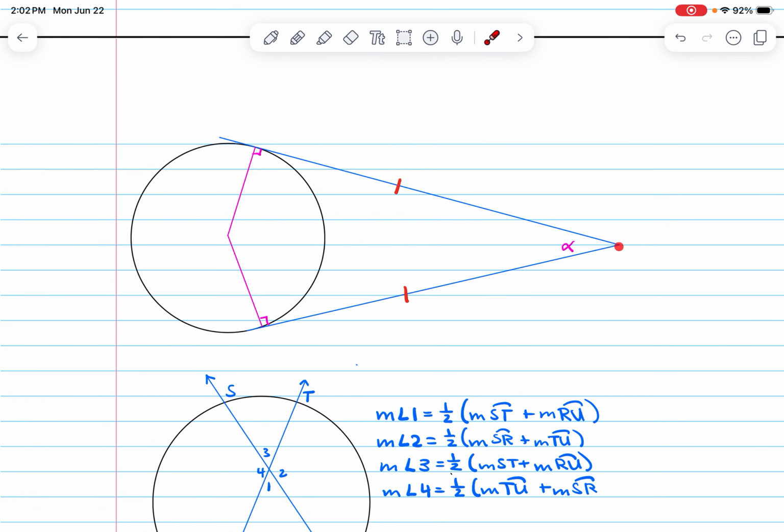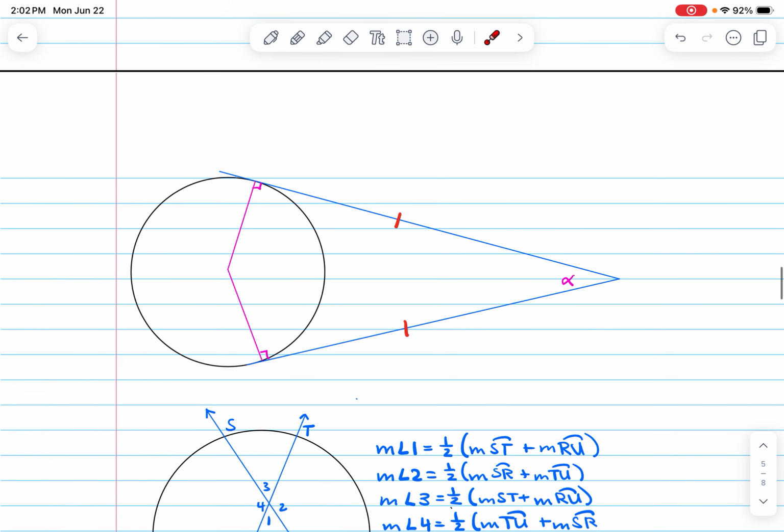Now, so you come from this point and you come down here and you've got a tangent. You come up here and you've got another tangent. Well, first of all, let's just think about a tangent.